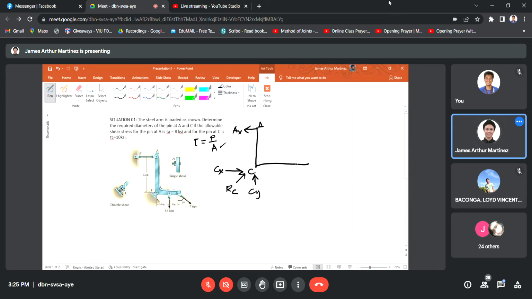And then you have here 3.5 kips and also an inclined force, which is 30 degrees with respect to the vertical axis, or the y-axis. So this is just 7 kips.